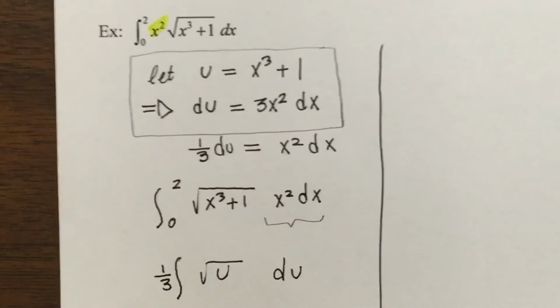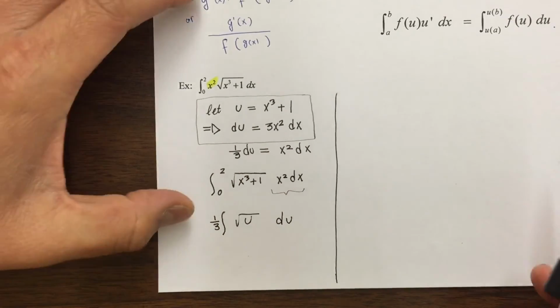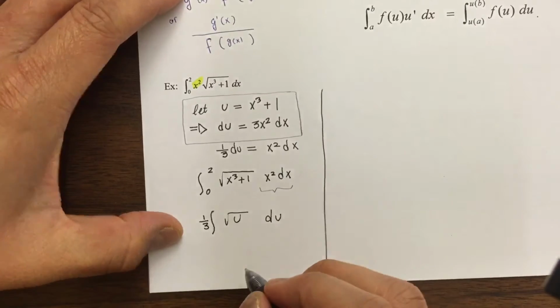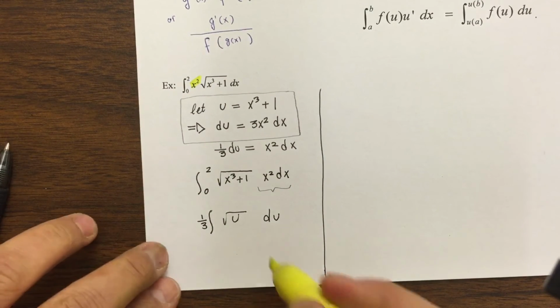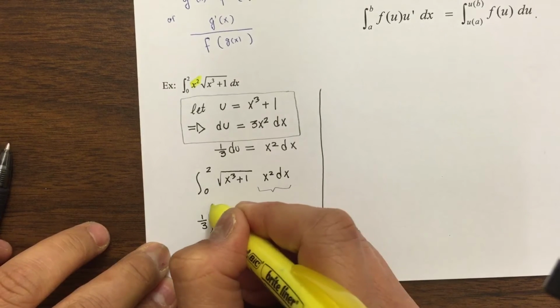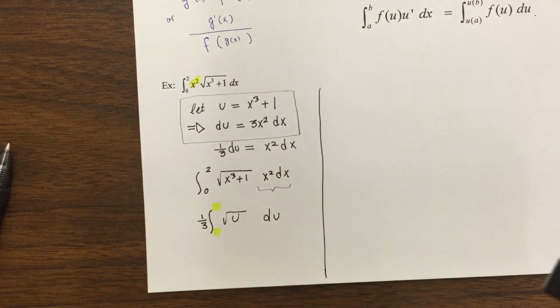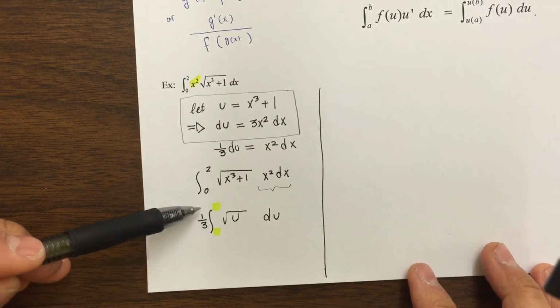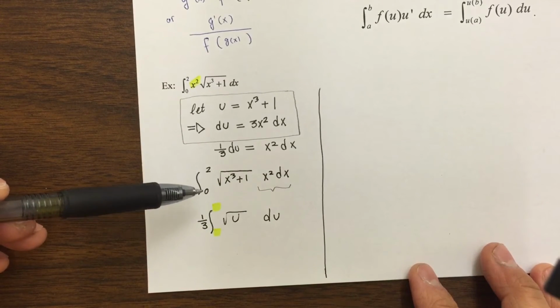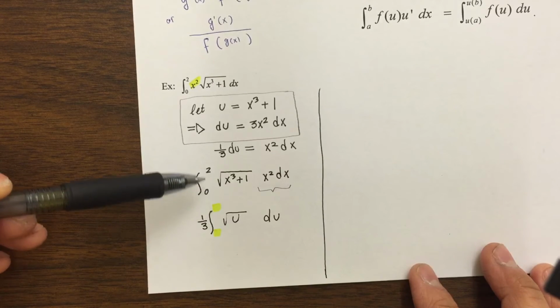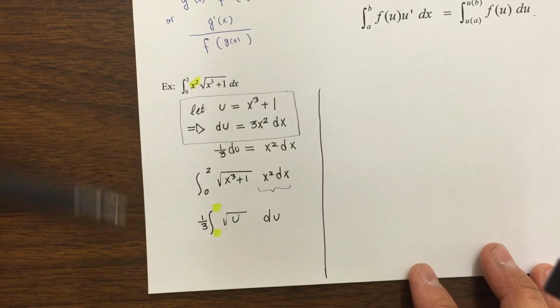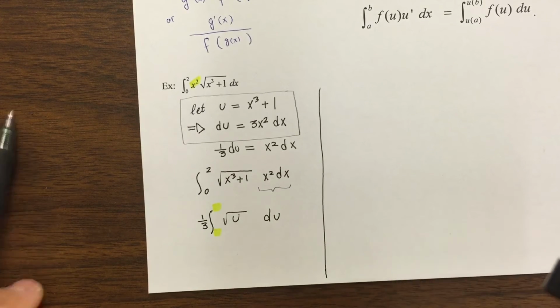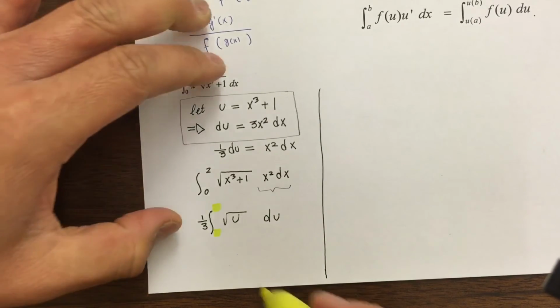So let's now finish this problem. Notice that after we change the variable from x to u, we also need to find our new lower and upper bound. These are the original lower and upper bound for the original problem, but because we have expressed our problem in terms of u, we also need to change those bounds. To change those bounds is actually not hard.